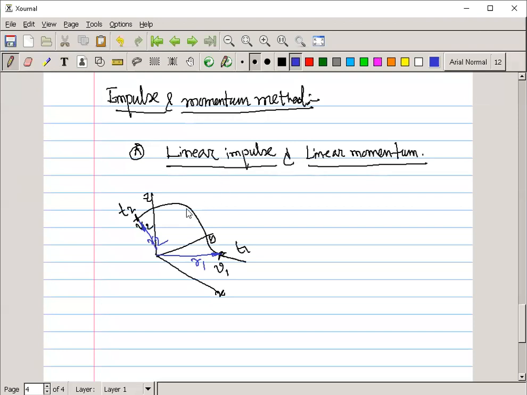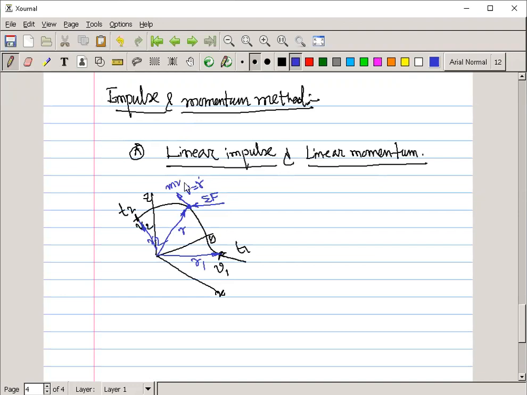If we consider this particle, it has a motion, suppose this is your summation of F. At this position, I think you all know that velocity is always in the tangential direction, so v is equal to r dot, and we can write the momentum, which is nothing but m into v.